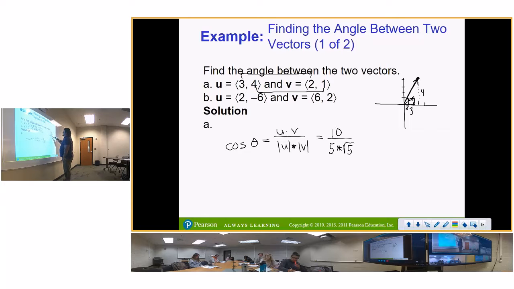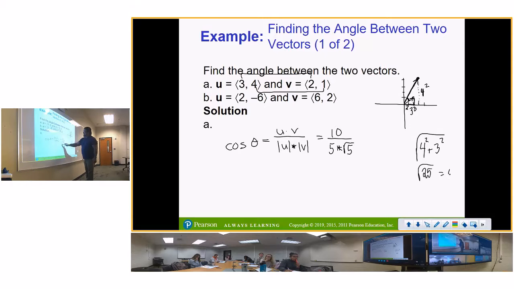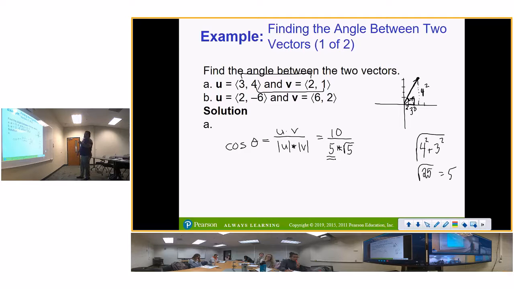Well, I have to take 4 squared plus 3 squared is equal to 25. The square root of 25 is equal to 5, so that's where I got that. Now somebody check me on the other one. 2 squared is 4. 4 plus 1 is 5. Square root of 5 should be the little one.